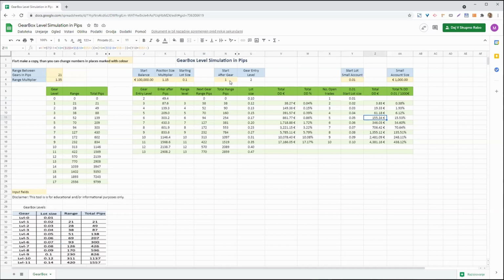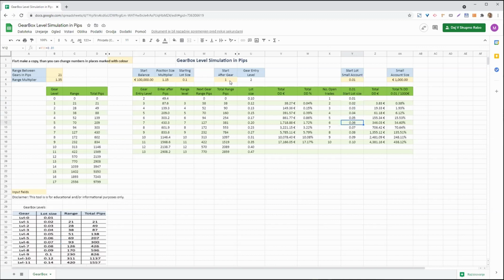So in this case, it's easier to decide, to see why GearBox is great, because if you enter too early, then of course you have a bigger drawdown. But in the other case, the range between one and the other open trade is smaller, so you can get more trades.